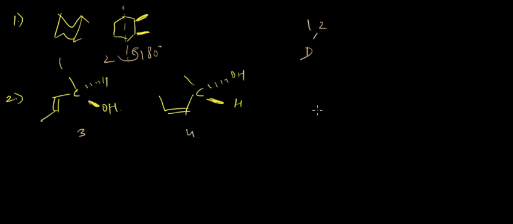If we look at both of them, obviously they are geometric isomers, hence they cannot be mirror images of each other, and at the same time 3 and 4 are stereoisomers. They are not any other form of isomer. They don't show any other type of isomerism. So these 3 and 4 are geometrical isomers, and all geometrical isomers are diastereomers.